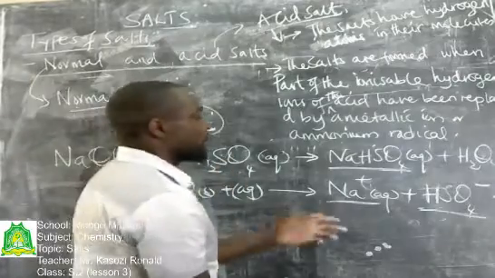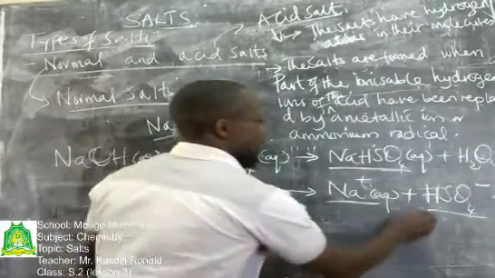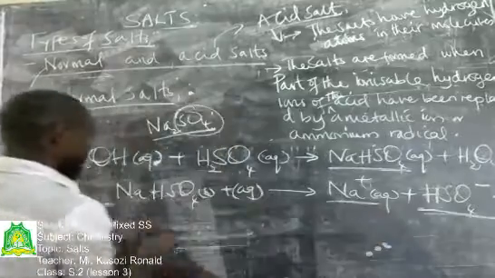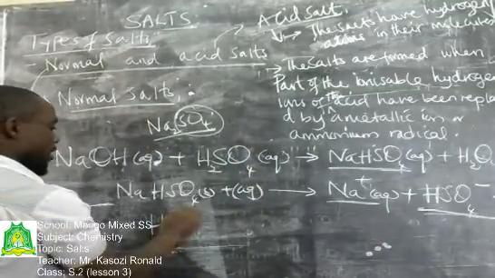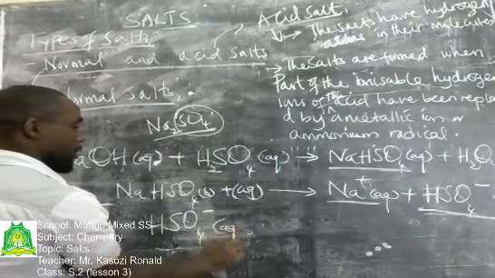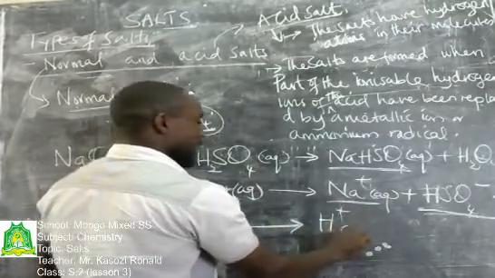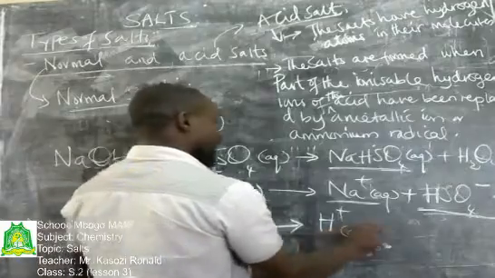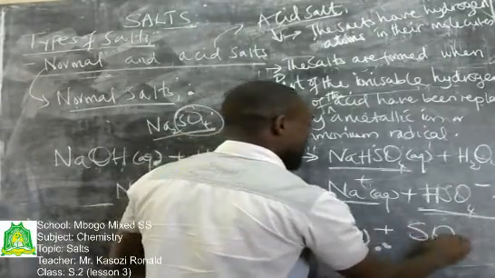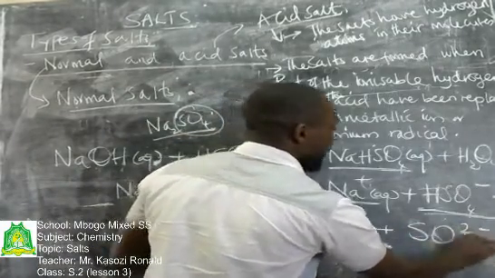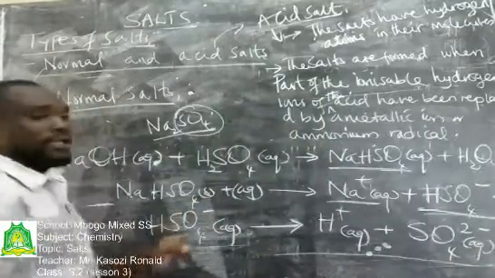But if it was an acid salt, the anion can undergo further ionization in water to give you hydrogen ions, just like the acid does. That's why we call them acid salts.